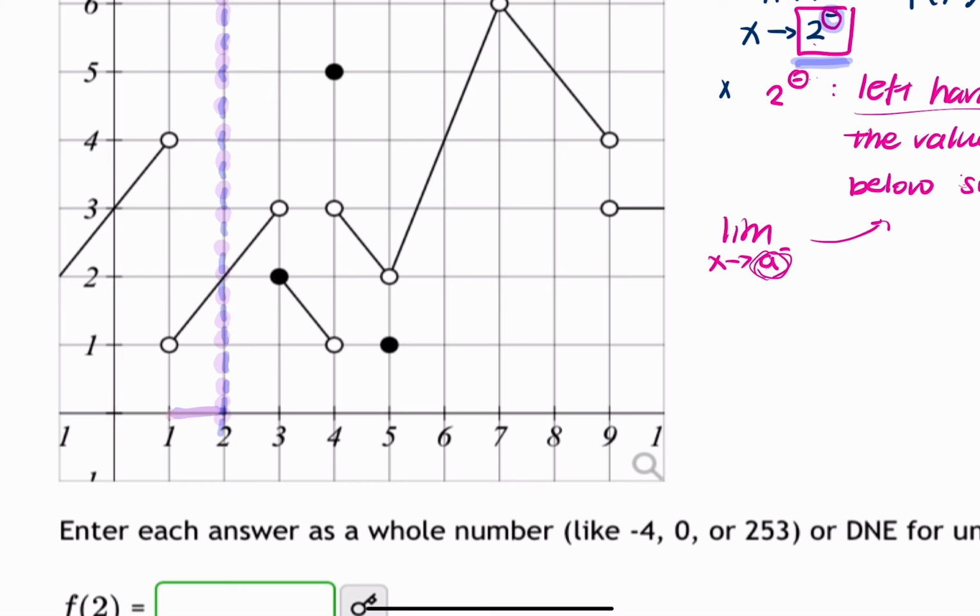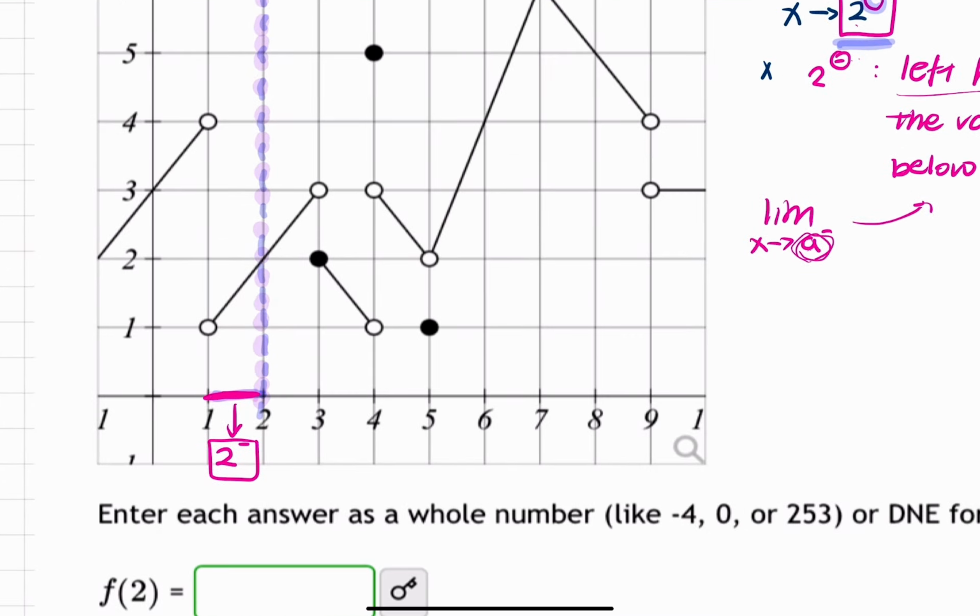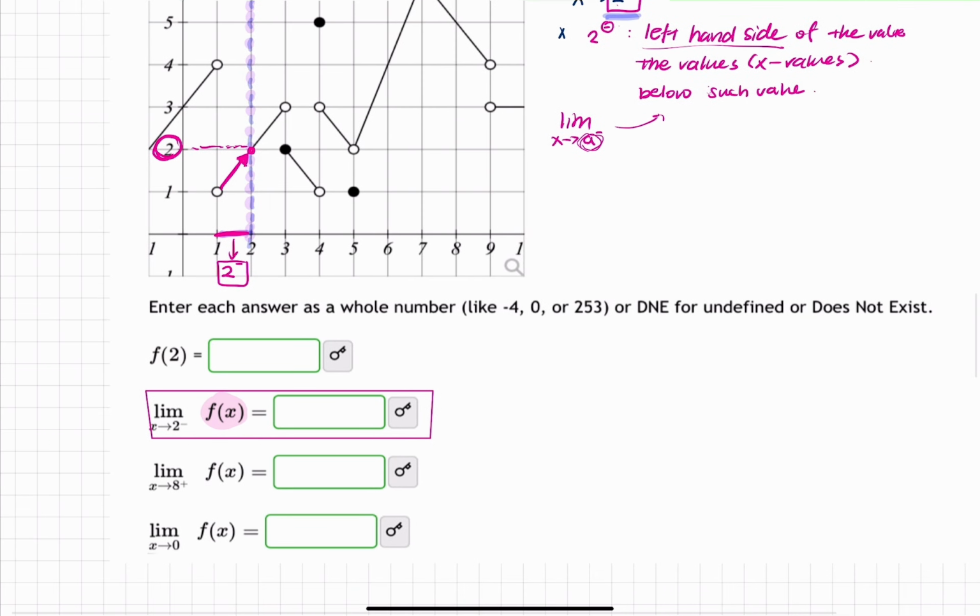Pay attention to my highlighted part right here. This refers to the left-hand side, or the values below 2. As we can see, it's meeting toward the y value 2. Pretty simple, right? So here is our answer. We can simply observe it through our graph.